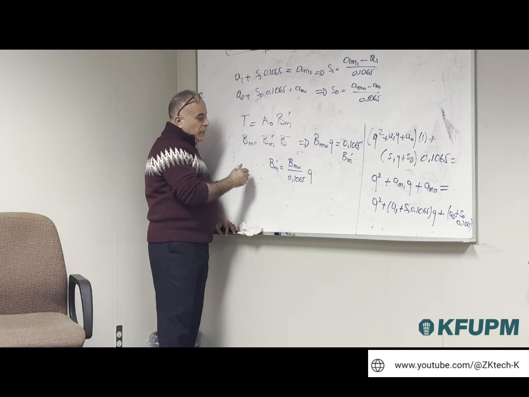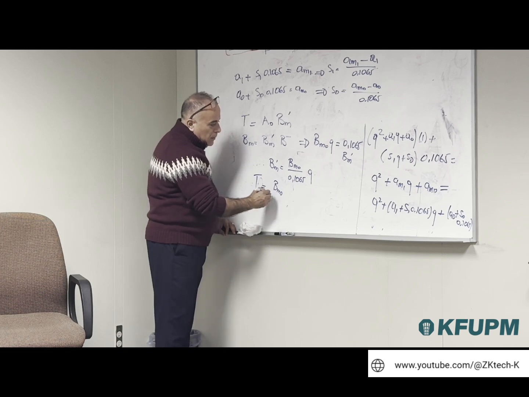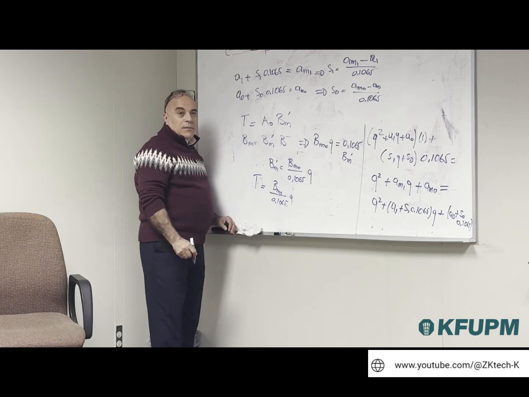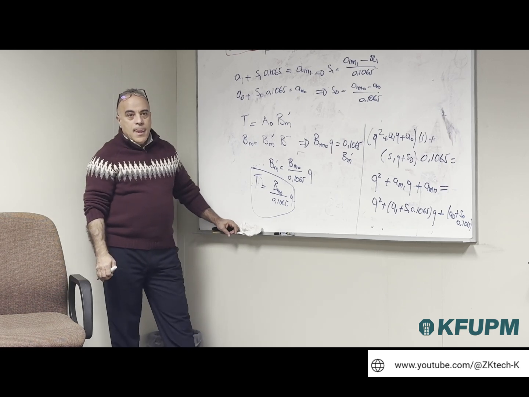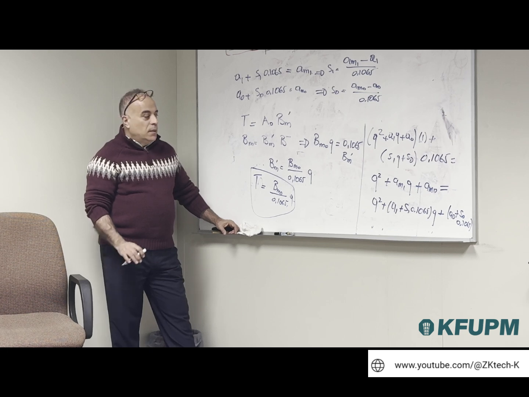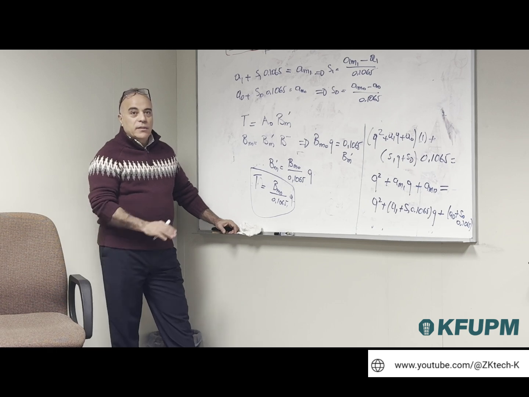From here I can conclude that T will be equal to Bm0 divided by 0.1065 multiplied by Q. This is the value of my T. We agree with this? Are we done? I think yes. We have R, S, and T, and we are done with this case.